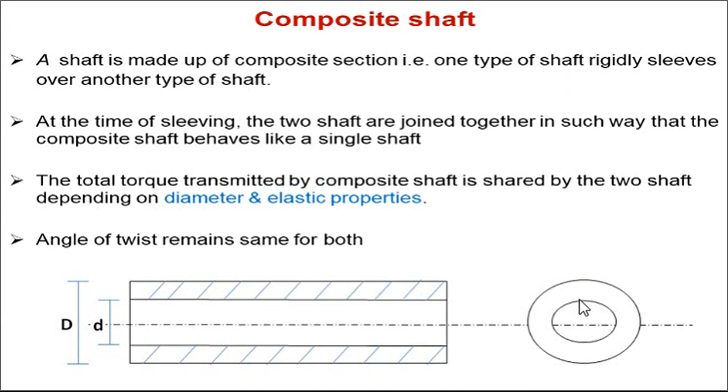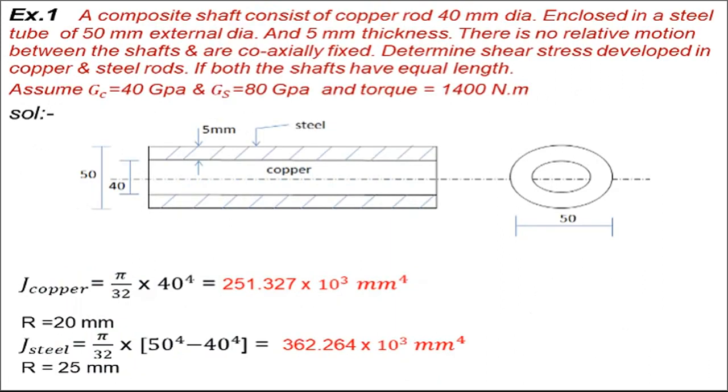That's why that particular shaft is rigidly sleeved into the larger diameter. One shaft has a diameter small d, and the outer shaft has a diameter capital D. That is the longitudinal section, and this is a transverse section of the composite shaft.